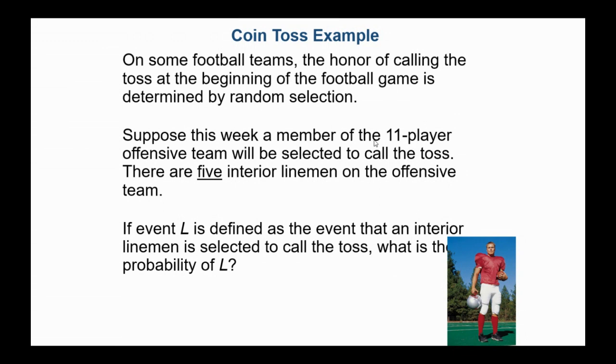We want to find the probability that L occurs, which means a lineman is picked. So how can I set that probability up? 5 over 11. There's 5 linemen, 11 total, so 5 over 11 would be your probability.